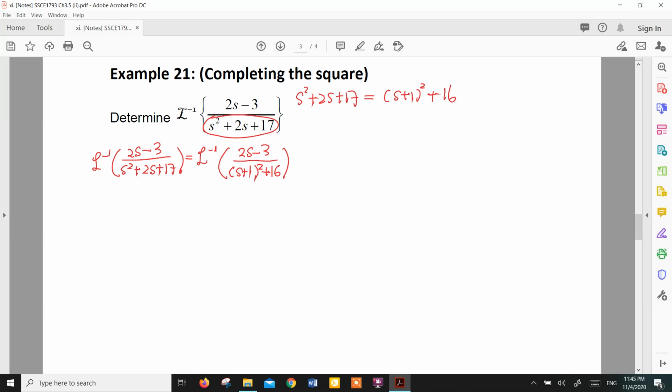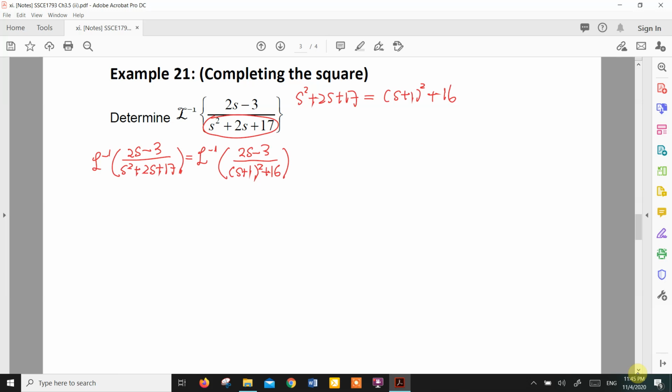In this function you have s plus 1, which is actually an s minus a form. At the denominator you have s minus a, but up here at the numerator you don't have s plus a or s minus a.